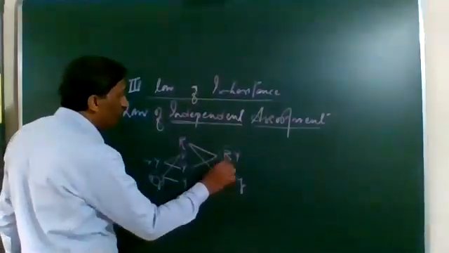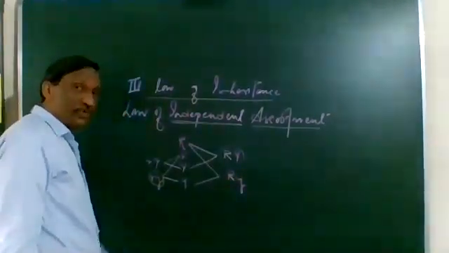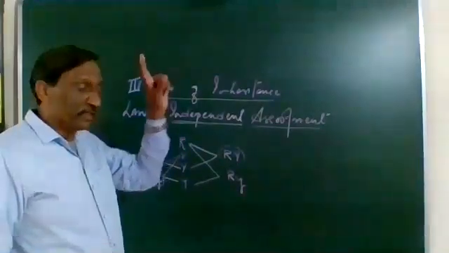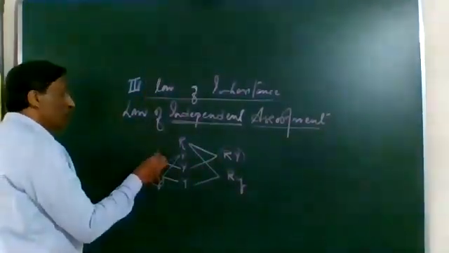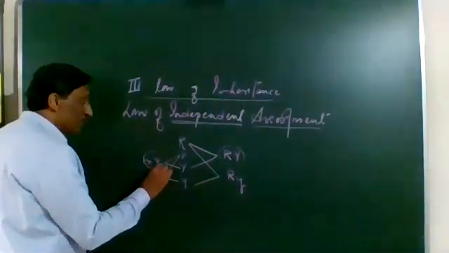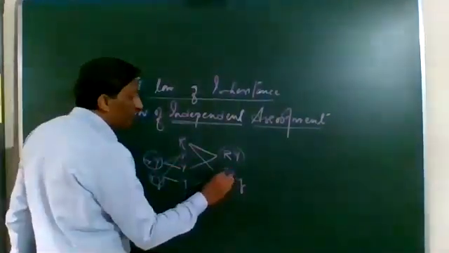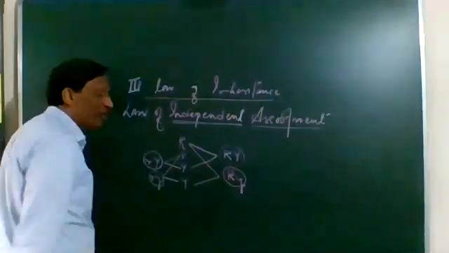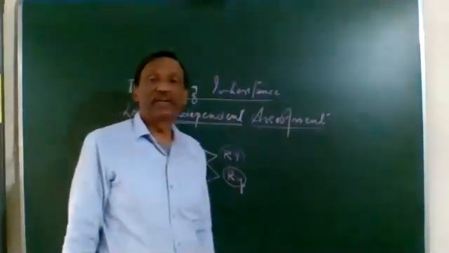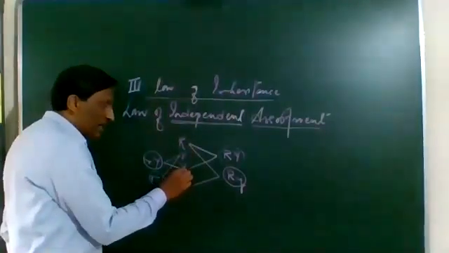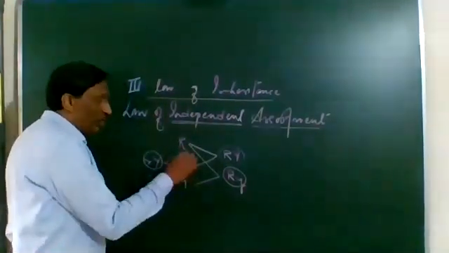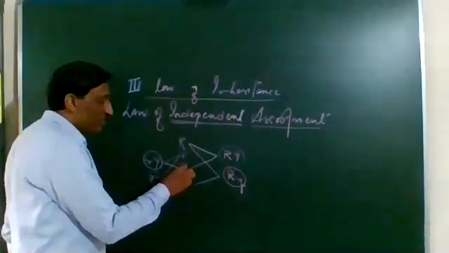Out of these, two were the parental ones, which we took in the initial parents, that is, round and yellow and wrinkled and green. These are the two new combinations: wrinkled with yellow and round with green. So each factor is independent. This R is not depending on this Y or this y, and this r is not depending on this Y or this y.